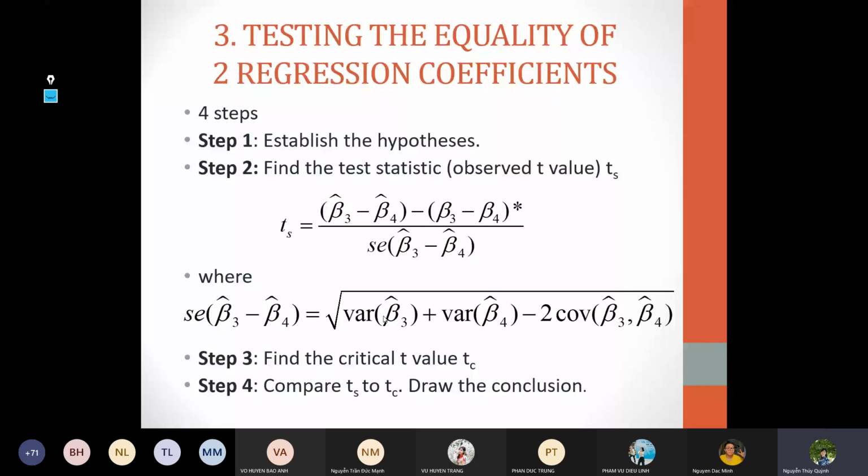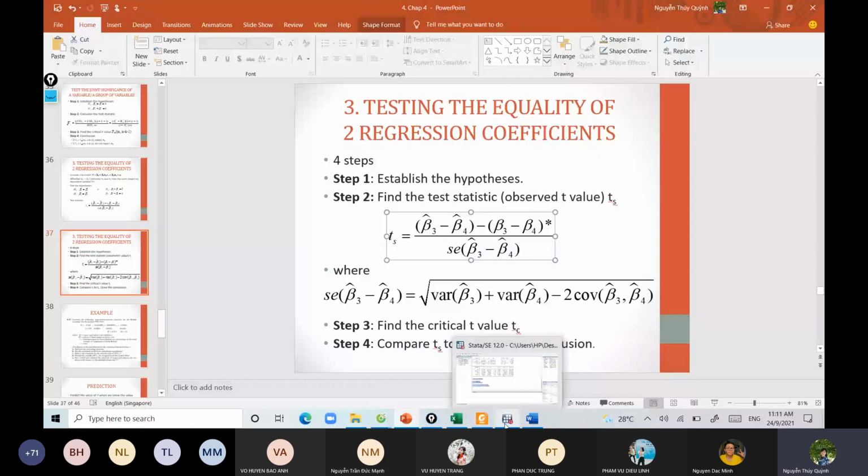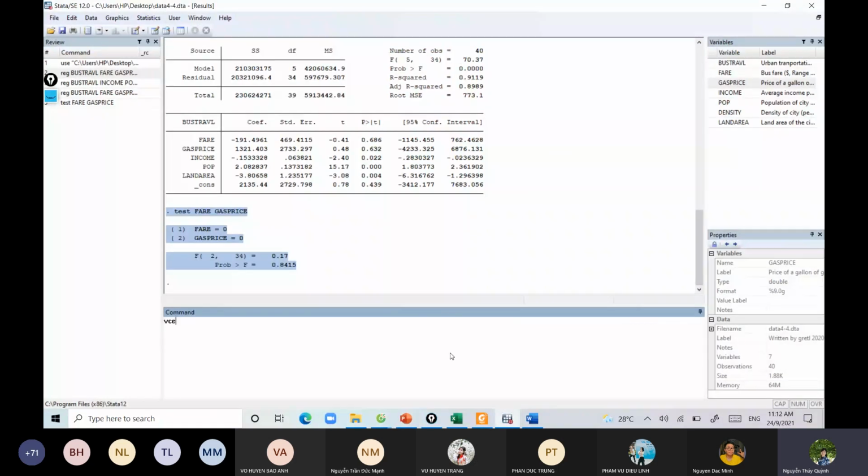This one is the same. For the covariance of beta 3 hat and beta 4 hat, what you have to do here is to use a command in Stata. In order to find the covariance between the regression coefficients, please use the command VCE.